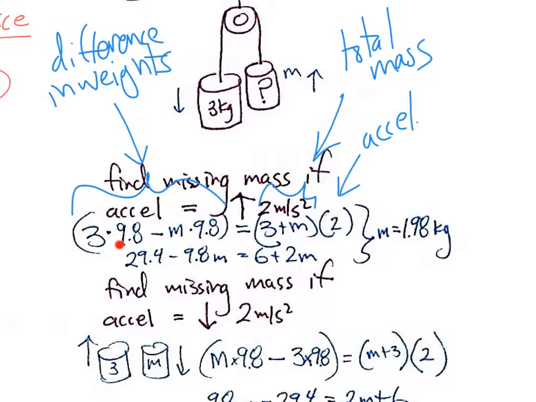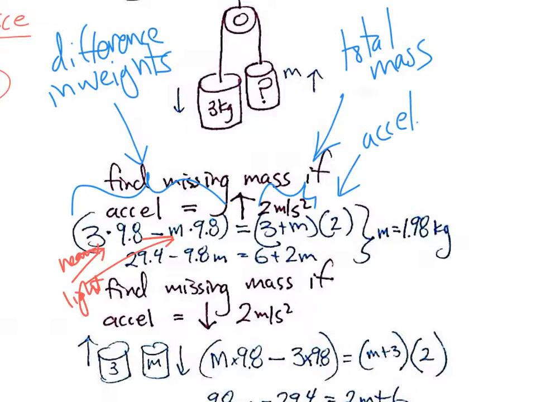Okay, so we say the weight of the 3 kilogram minus the weight of the m kilogram equals the total mass, 3 plus m times the acceleration 2. Notice how I did the heavy one minus the light one, because we know which direction it's going to fall. So that's heavy, and this is the light one.